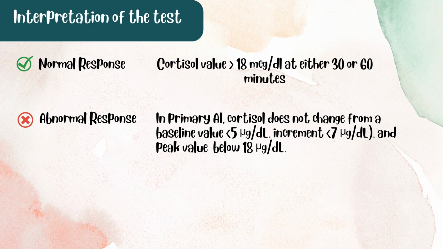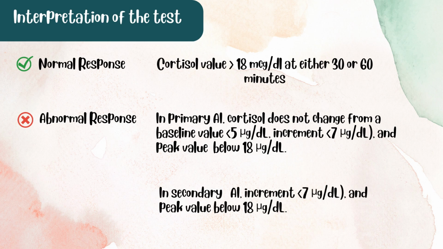The baseline value is typically less than 5 micrograms per deciliter, and the increment after corticotropin stimulation is typically less than 7 micrograms per deciliter. The peak value also remains below 18 micrograms per deciliter. In secondary adrenal insufficiency, the increment after corticotropin administration is also less than 7 micrograms per deciliter, and the peak value remains below 18 micrograms per deciliter.